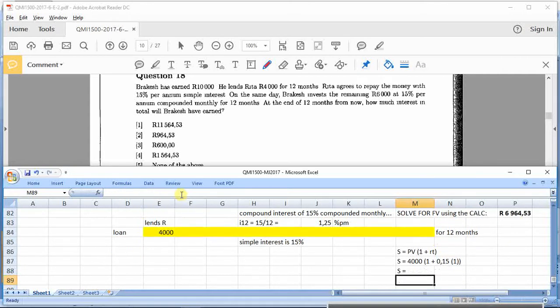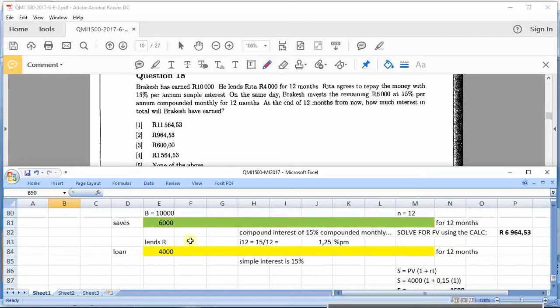So S equals 4,000 times 1.15, which gives you 4,600. That's the future value there. Then the total interest is equal to the difference here, this minus that.